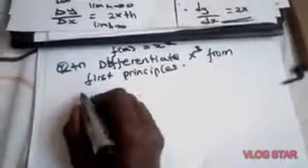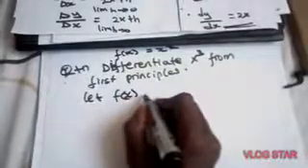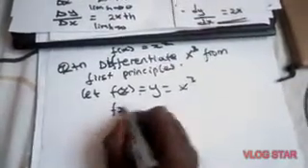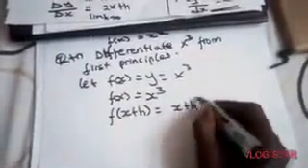Okay, here is what you do. We let the function f of x, which of course is y, be x power 3. So if f of x is x power 3 and we add a small h, this implies that the function is going to change to x plus h power 3.